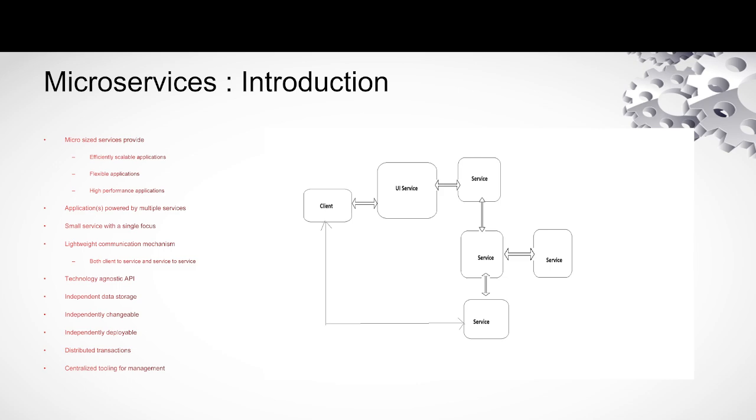They also need to be independently deployable. So the next characteristic is independently deployable. By modifying one microservice, I should be able to deploy that change within my system independently from everything else, without deploying anything else. So the next characteristic is distributed transactions.